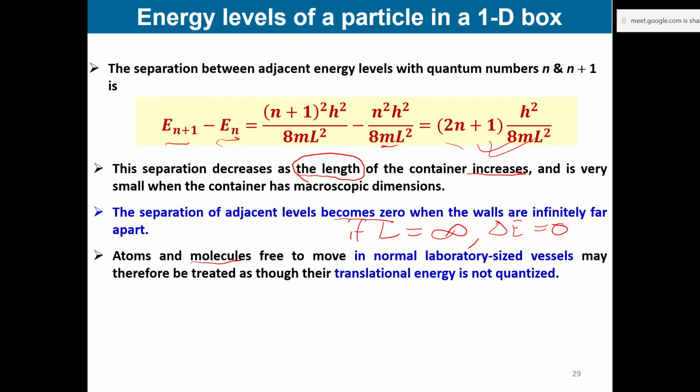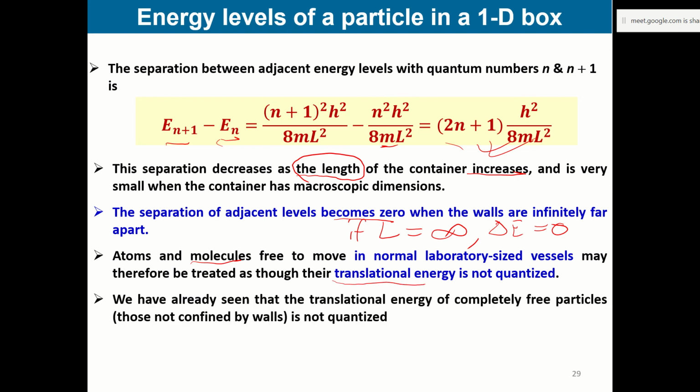Its own size will be in angstroms, 10⁻¹⁰, and compared to centimeters there is a huge difference. So that scale is almost like infinite distance for that molecule. In that case the kinetic energy of that molecule will be like translational energy, which is not quantized. We treat it like this. That is one conclusion considering the length.